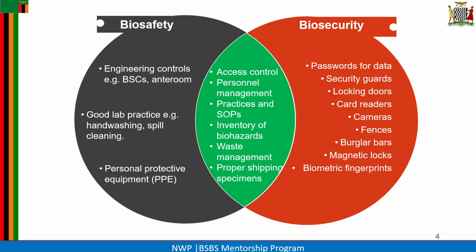Last but not the least, and not really the only three, is personal protective equipment, or PPE. So if you put on PPE in your laboratories to protect yourself from the biological agents that you're handling, for example, your gloves, your lab coats, your coveralls, your boots and everything, those may be considered as biosafety measures.